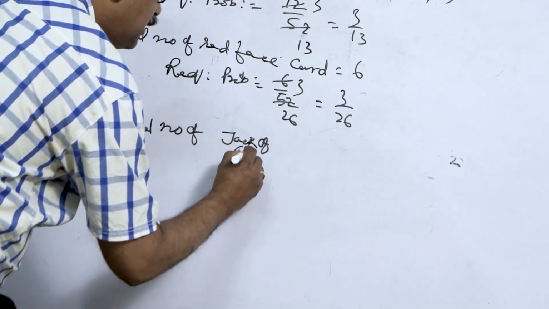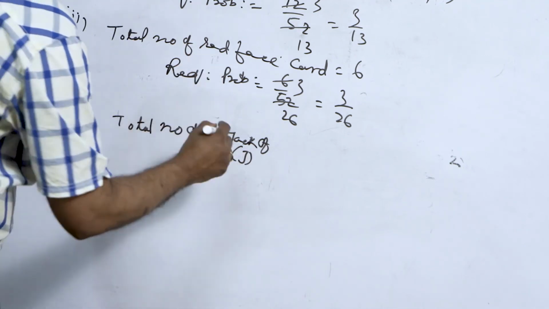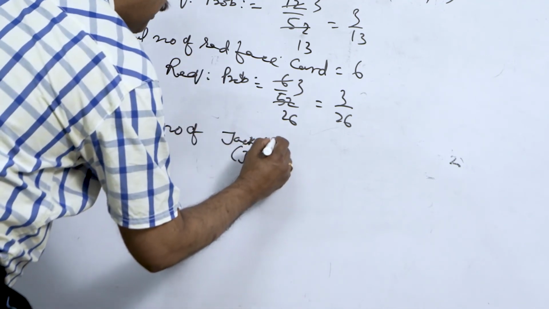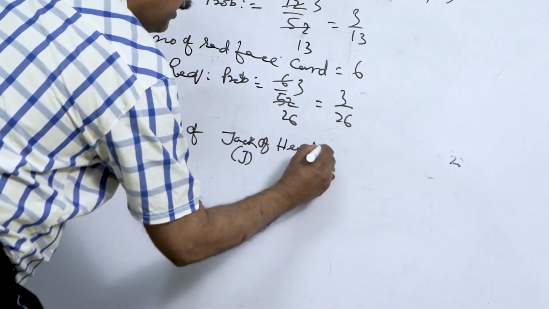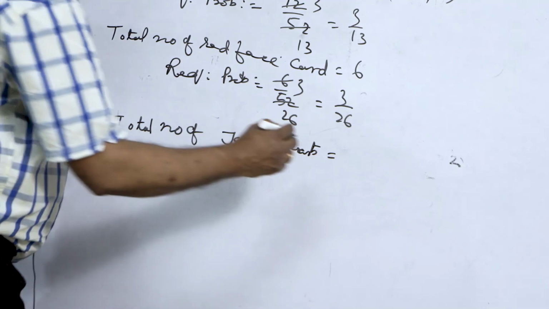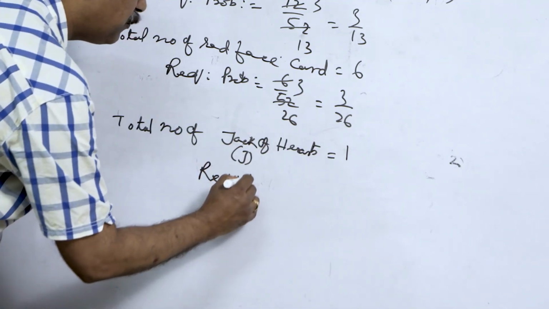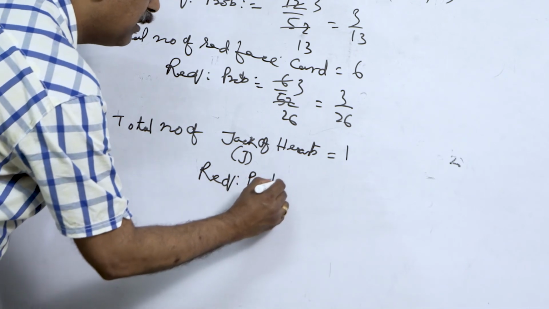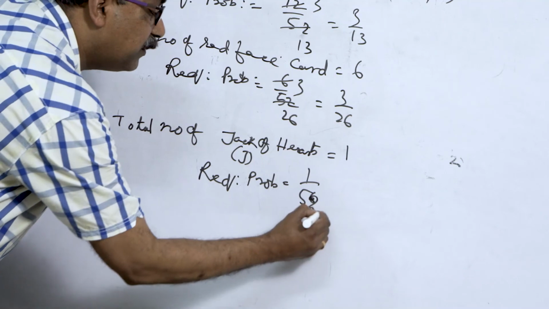That is J. That is called a face card. One of the face cards: queen, king and J of hearts. Equal to how much? How many jacks of hearts will be there? Only 1. So the required probability will be 1 by 52. We cannot cancel. So this will be the answer.